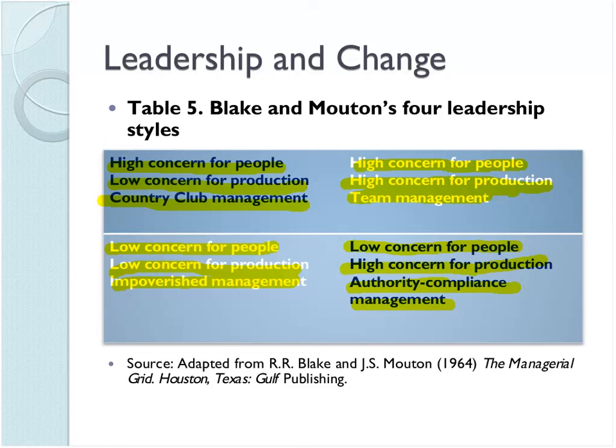So someone asked me about Blake and Mouton. They are scientists of human resource management. So if you are a leader, you can find your style, who you are. Do you have high concern about the people as well as about production? Then you use a team management style. Or you have low concern about the people, but high concern about the organization, about the business.